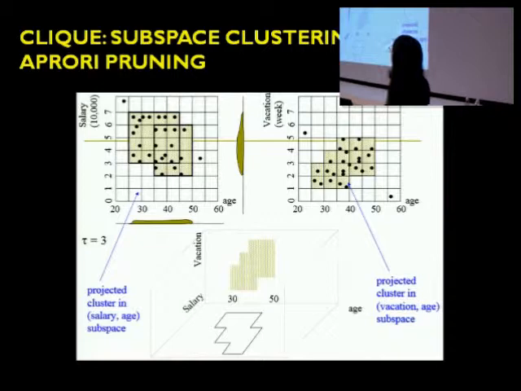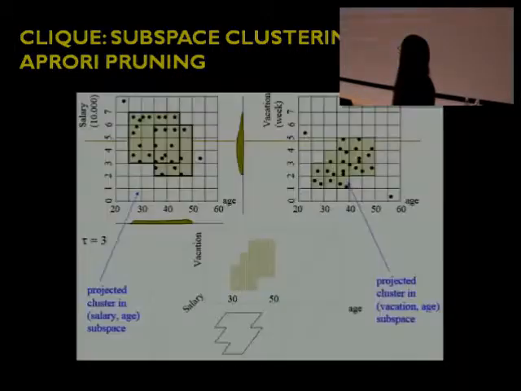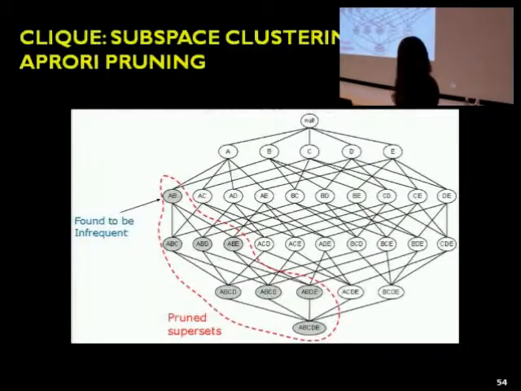And if we find a dense region, one or many, in a subspace of 2, we will continue to look at the super-subspaces of these 2. So you have 3 attributes, you add 1 more attribute and see if you can still find dense patterns in this region, and so on. If a lower-dimensional subspace doesn't contain anything interesting, then we just skip the whole branch of super nodes.